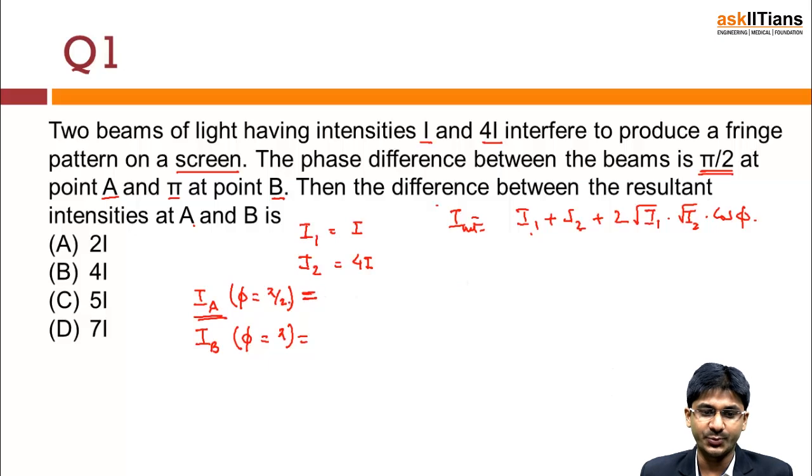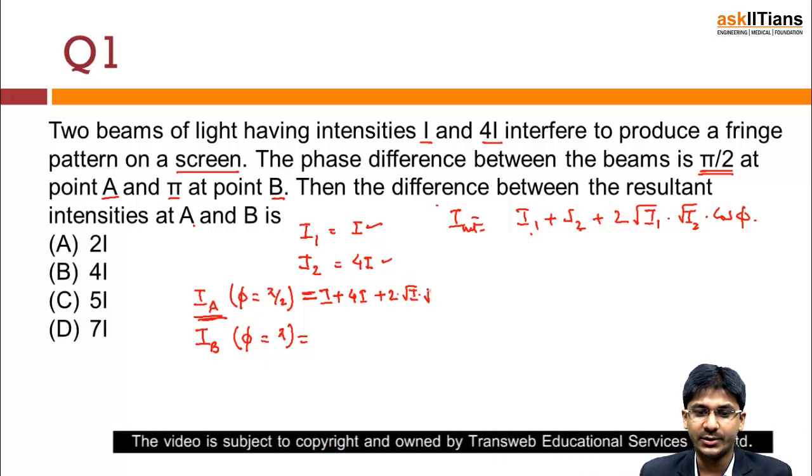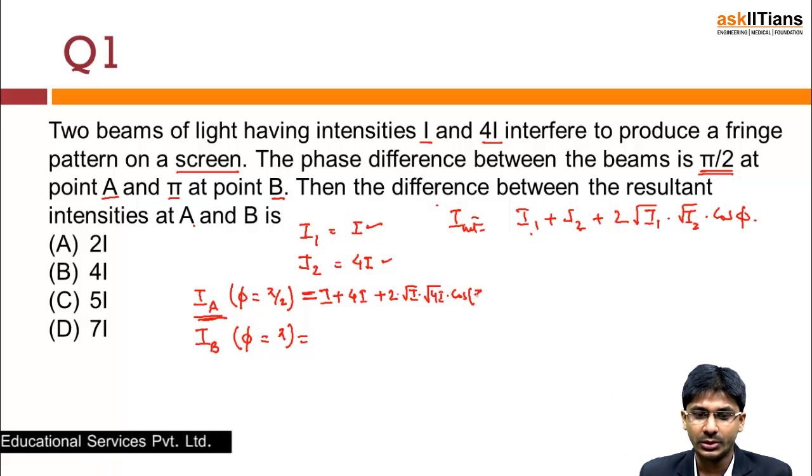Now if we put the values to find the intensity at A, I1 is I and I2 is 4I. So IA is I1 plus I2 plus 2 times root I1 into root I2 into cos pi by 2.